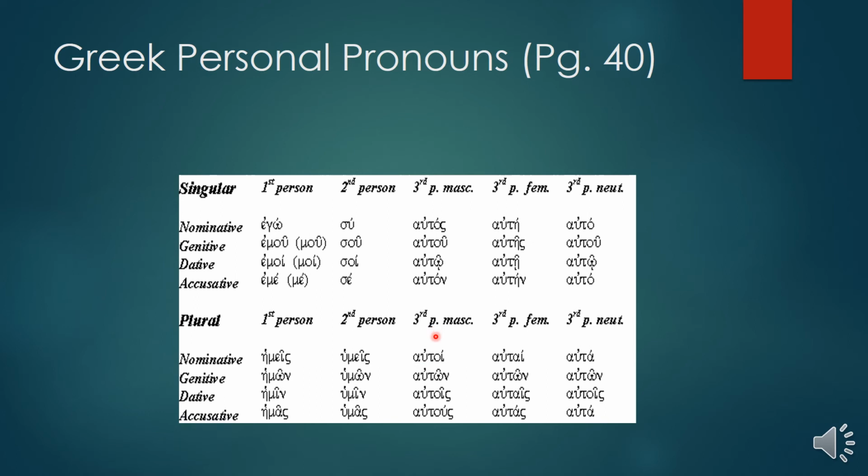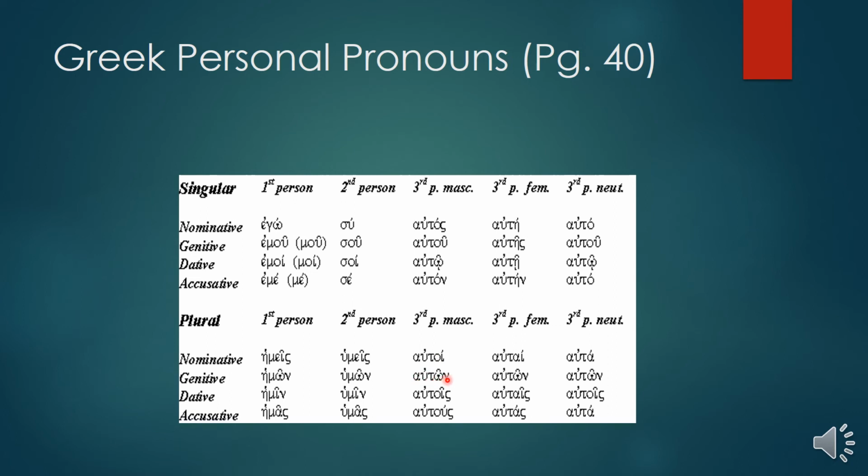In the third person plural masculine pronoun, autoi is them, or we, or the masculine form for he is them.